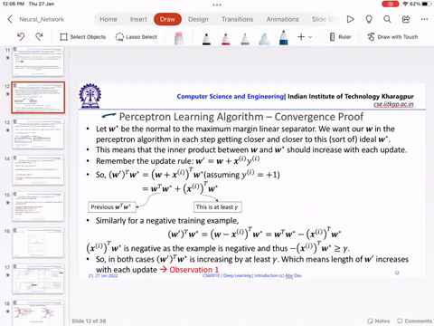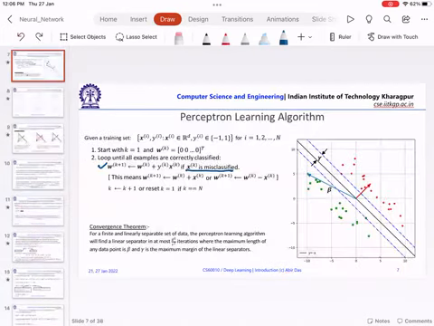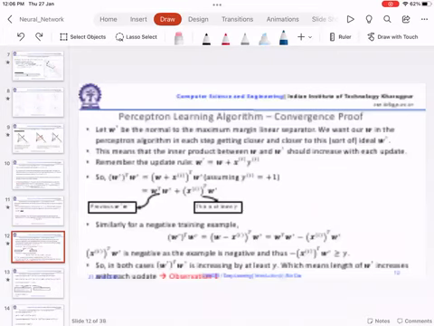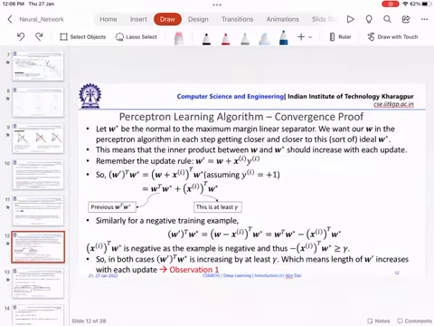We were talking about this W star, which is the normal to the maximum margin linear separator. That is the ideal W star that we want to reach. And W dash is the updated W from a previous W, that is, after the update step.